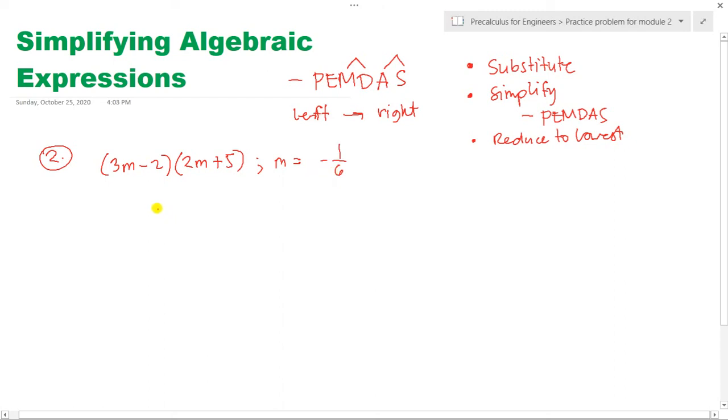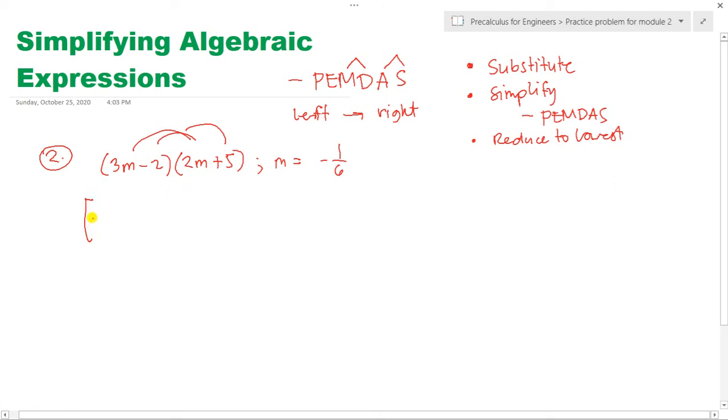So nag-fraction na. Iba-iba yung pamamaraan ng pag-simplify dito class. It's either you will simplify this one first, so i-distribute mo muna to, or you can just substitute the value of m.